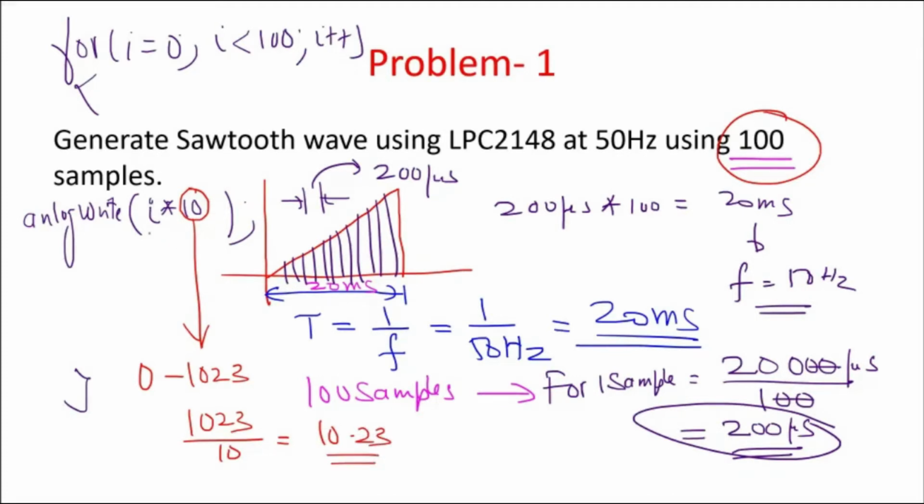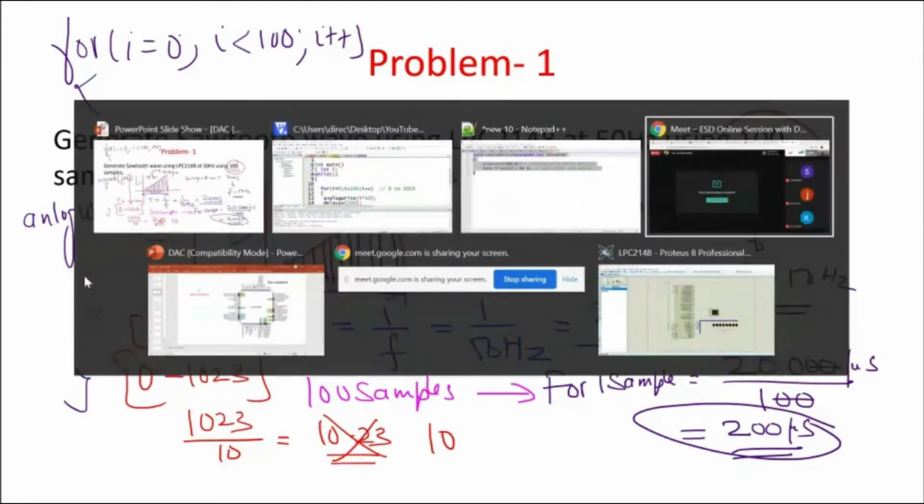So if I multiply each sample by 10.23, I can cover the entire spectrum of 0 to 1023, which I am truncating to 10. So I can cover from 0 to 1000. The rest of the 23 let us not use. If I pass an analog value of 1000, I may get an analog value a little less than 3.3 volt. That's okay for me. That's what I'm doing. All of you are with me?